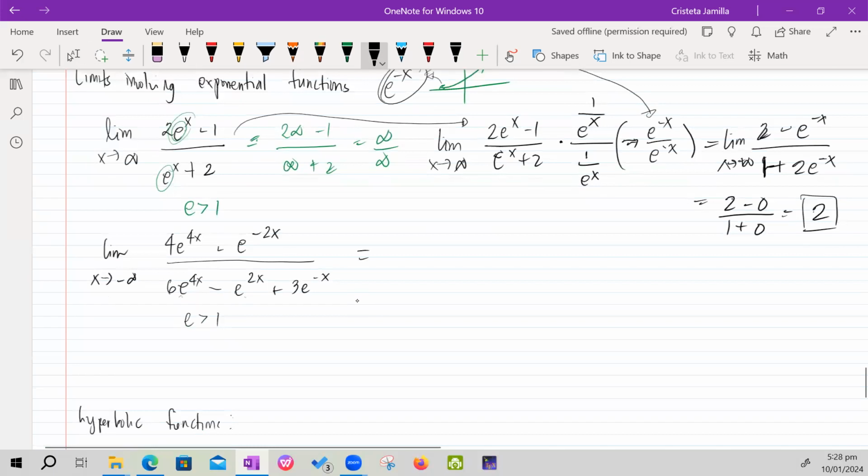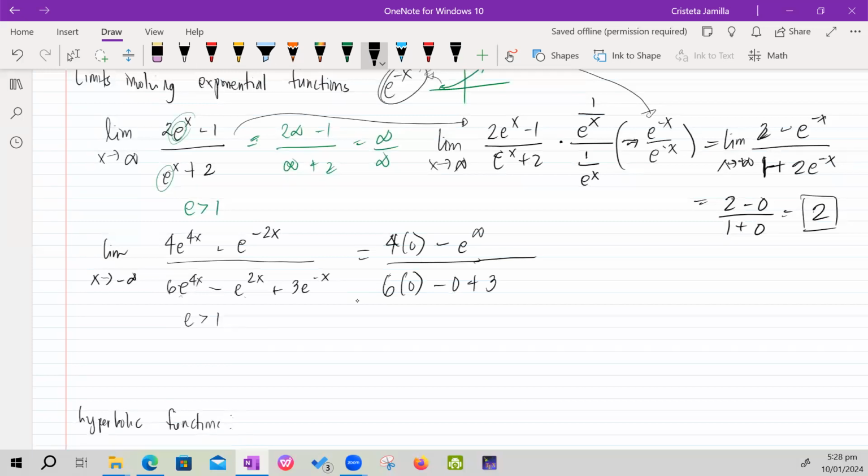Actually, if we evaluate this one, we'll have 4 times e raised to negative infinity, so that is 0, minus e raised to negative of negative infinity, so that's positive infinity, all over 6 times e raised to negative infinity, so that's 0, minus e raised to negative infinity, so that's 0 again, and then plus e raised to infinity.